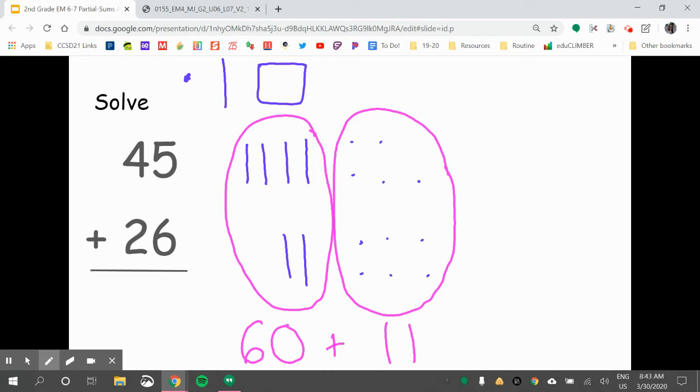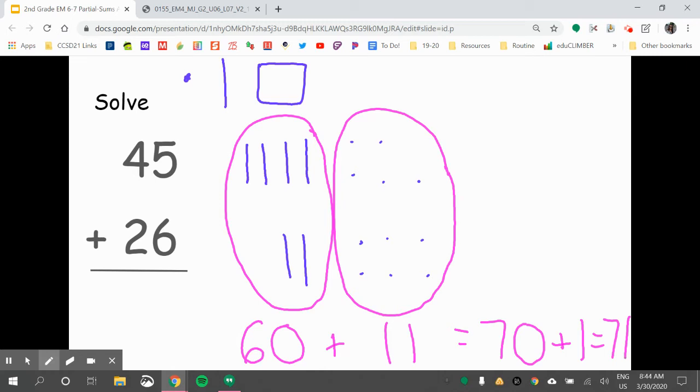I can work on this and I can use another strategy to solve this, or I can combine tens and ones. So 60 plus 10 is 70. 0 plus 1, that's 1. So now I'm going to add those 2 together and get 71.